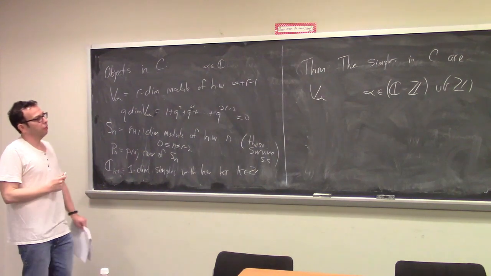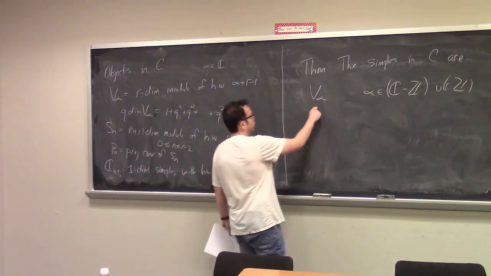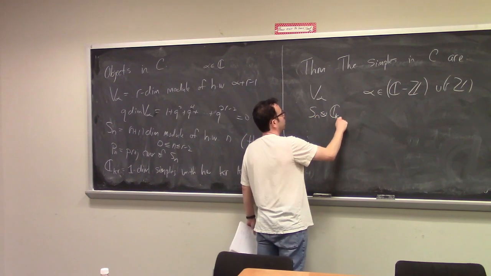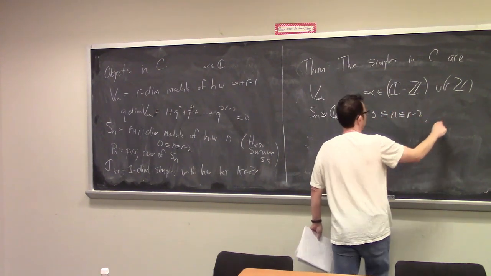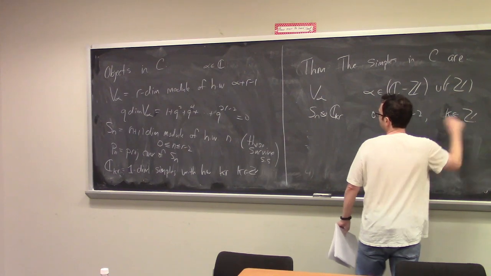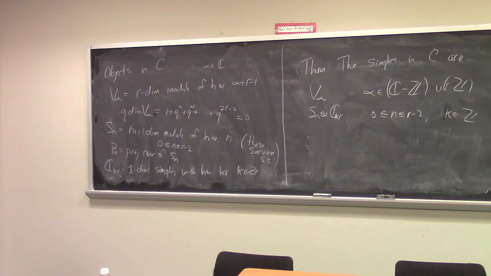So generically, V_alpha is a simple object. You have these S_n tensor C_kr, where again n goes between 0 and r minus 2, and k is some integer. And that's it. Okay, so these are all the simples in the category.